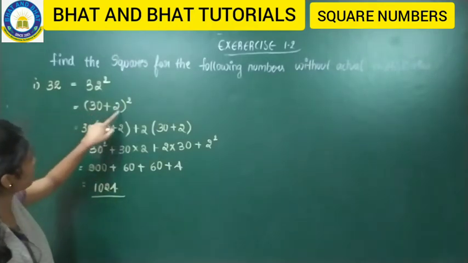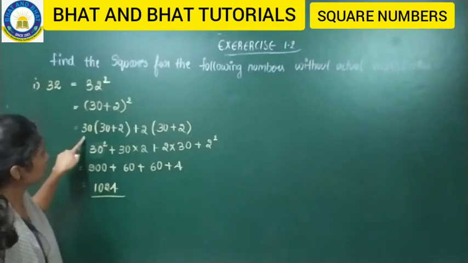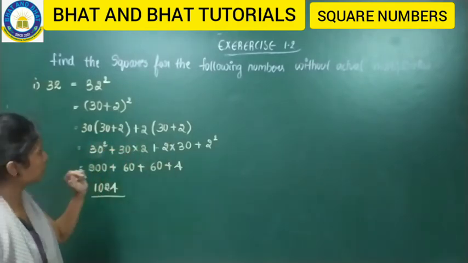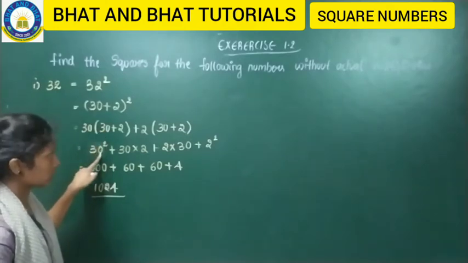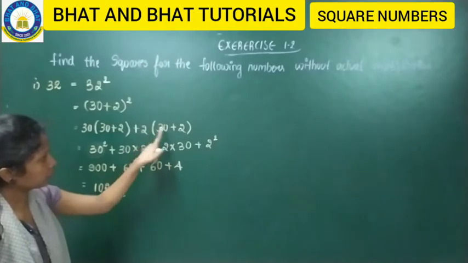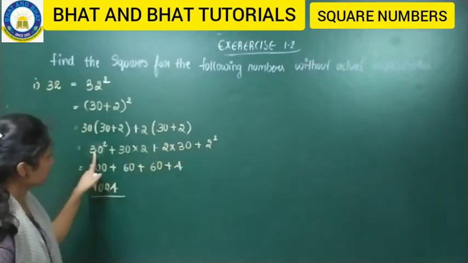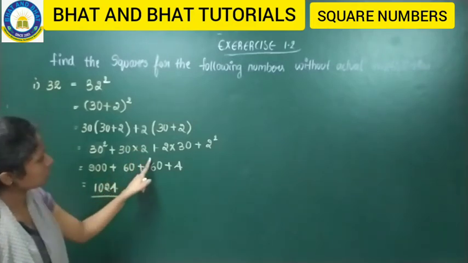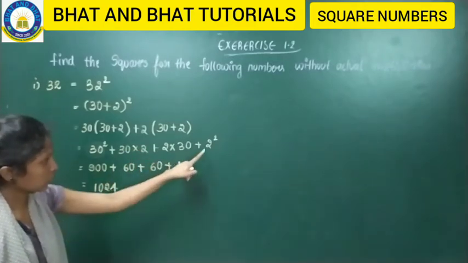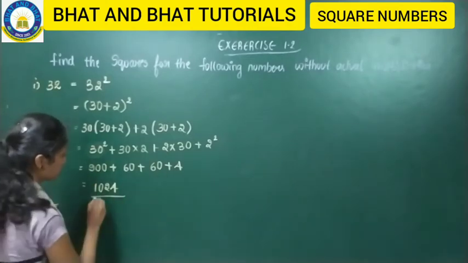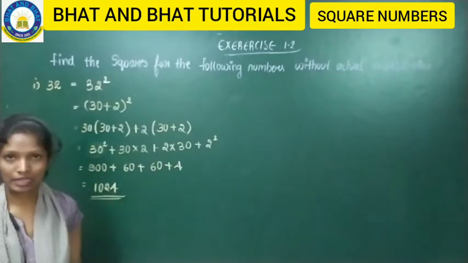See again, 30 plus 2 whole square, you will do 30 plus 2 and 30 plus 2. You are going to write 30 into 30, it is 30 square, 30 into 2, 2 into 30, 2 into 2, it is 2 square. 30 square is 900, 30 into 2 is 60, 2 into 30 is 60, 2 square is 4, and if you add all these things you will get 1024 as your answer.